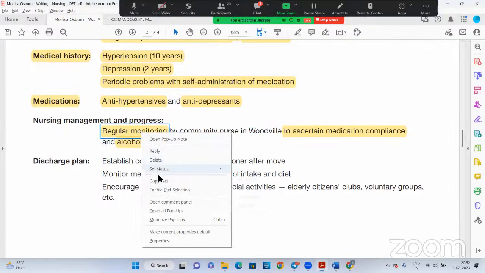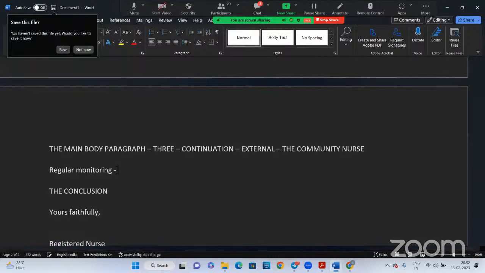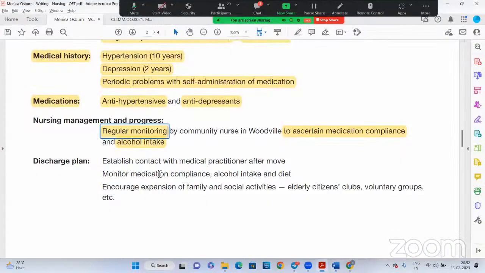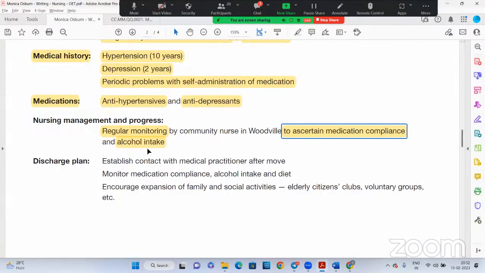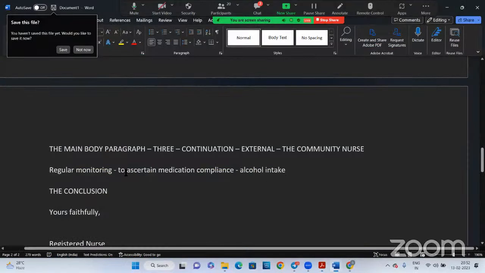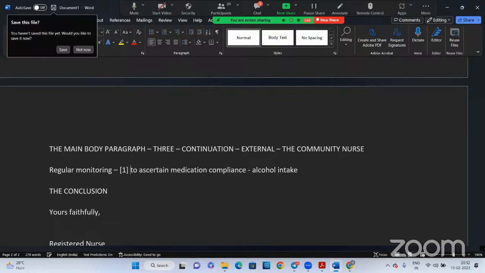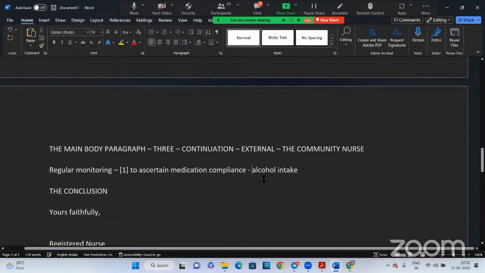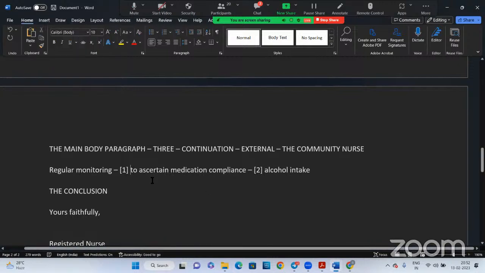Regular monitoring. This nurse has to take care of regular monitoring: number one, medication compliance, and number two, alcohol intake.